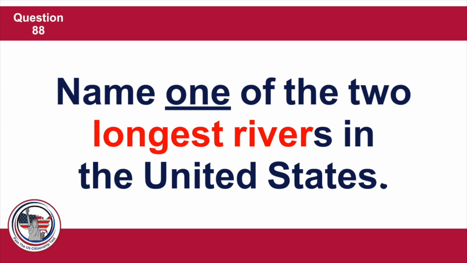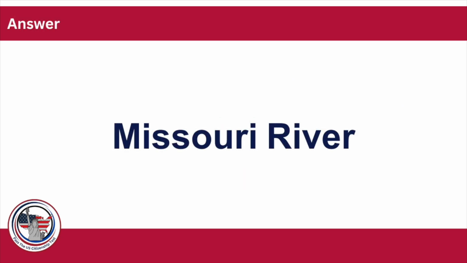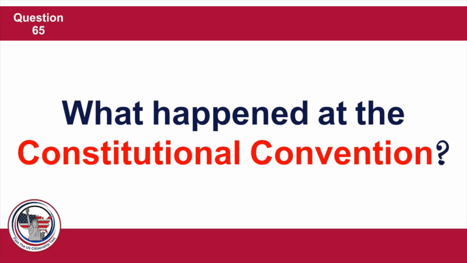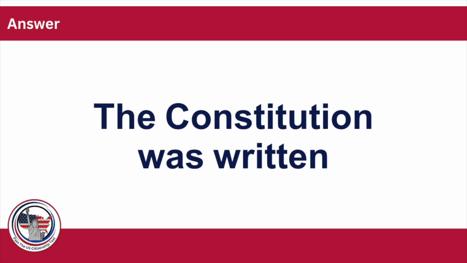Name one of the two longest rivers in the United States. Missouri River. What happened at the Constitutional Convention? The Constitution was written.